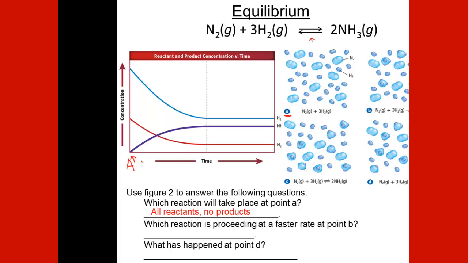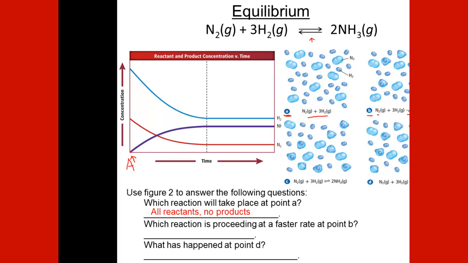And at point A, all reactants, no products. So NH3 is down here, 0 NH3. And N2 and H2 are both at higher concentrations. We have no NH3 yet to begin with in our model here. Now at point B, we're starting to move from N2 and H2, and we're starting to move to more NH3.